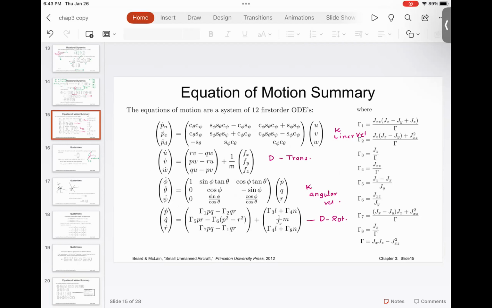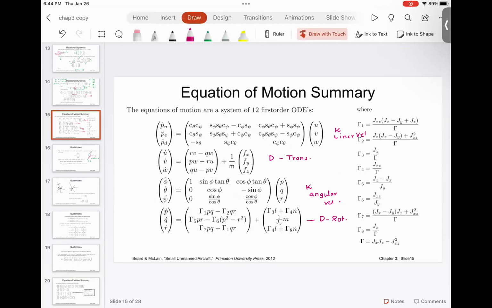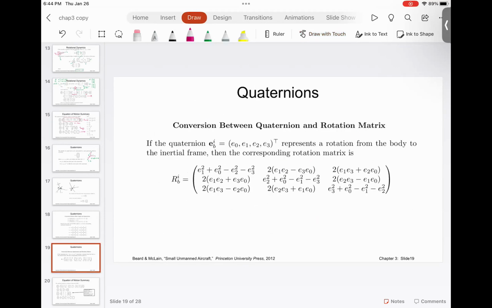I'm going to take that quaternion expression and replace this direction cosine matrix by that quaternion representation. Everyone understood this? So this guy will be replaced with this guy. Do you agree with me?